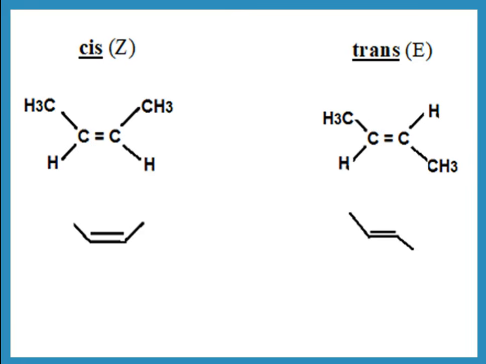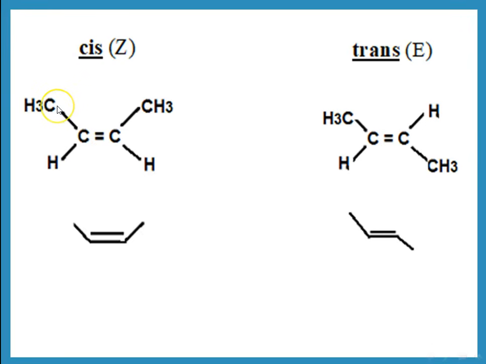So in the cis or Z isomer, the substituents with higher molecular mass are on the same side. So if I'm looking at that first carbon of the cis, the carbon is attached to a hydrogen and a methyl group, the CH3 group. Now, which one has higher atomic mass, the hydrogen or the carbon?